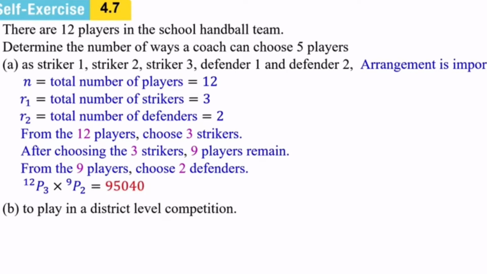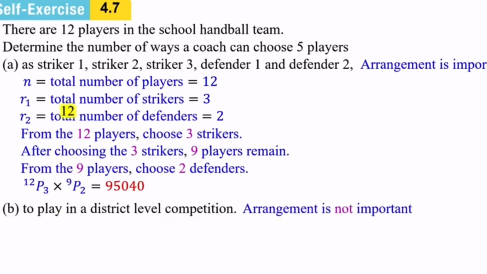Now we are going to do part B, to play in the district level competition. Out of 12, we want to choose 5 to represent the district level competition. Now they didn't give the order, right? We just want 5 players to represent the school.